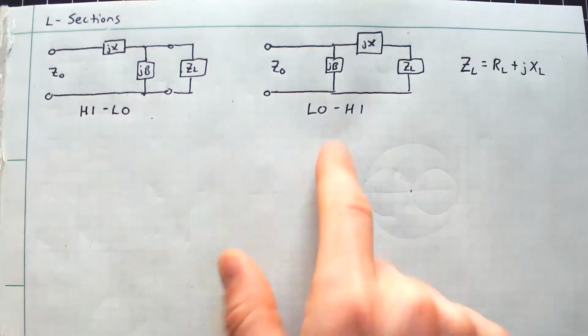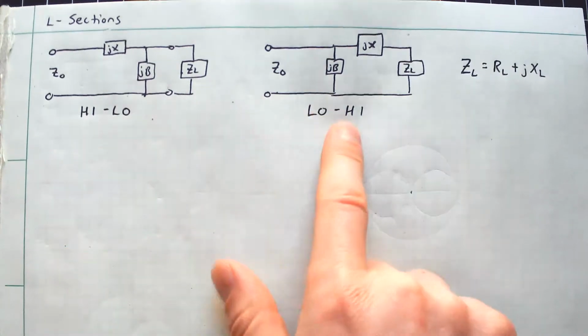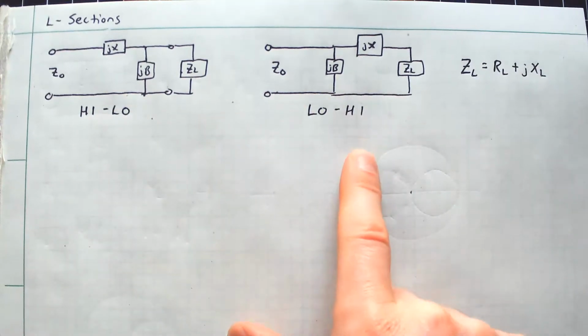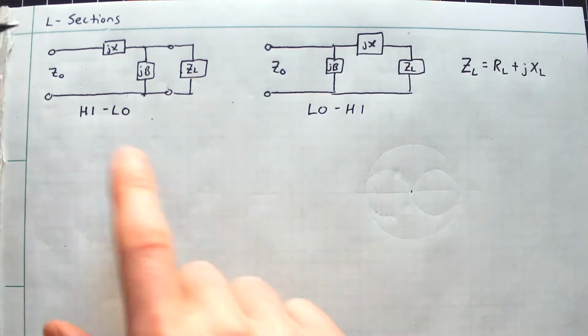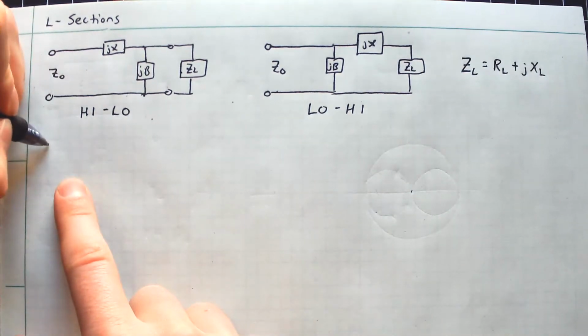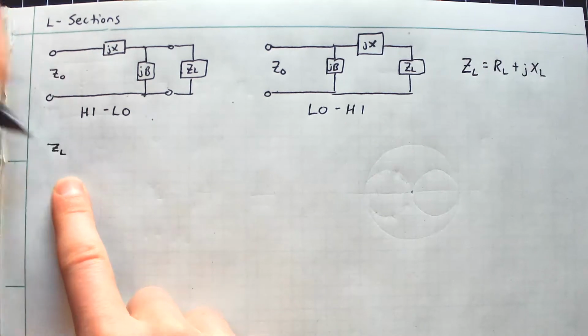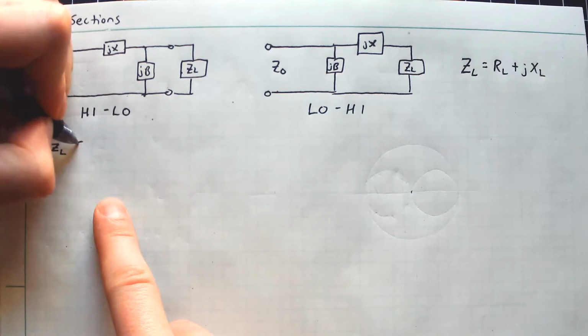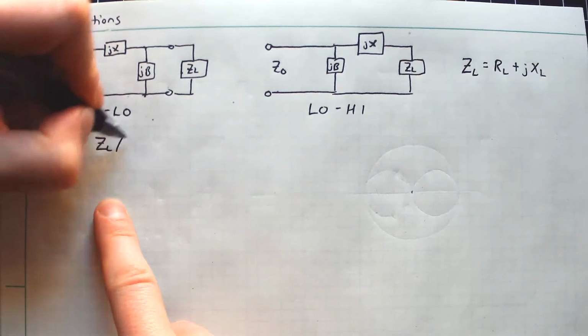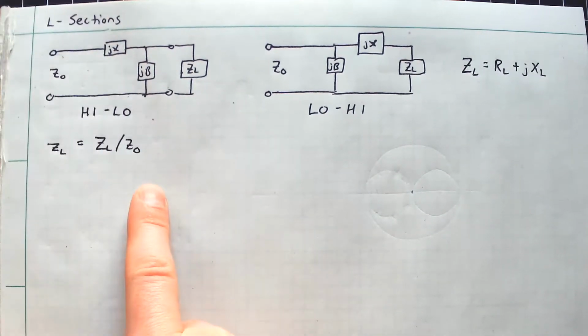So the conditions for these, the high-low versus the low-high, they are not entirely interchangeable. So what we're going to do is first calculate a normalized impedance. So that's a little z_L, not to be confused with a capital Z_L, which is capital Z_L over Z naught.